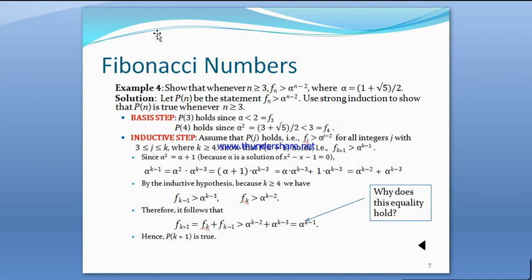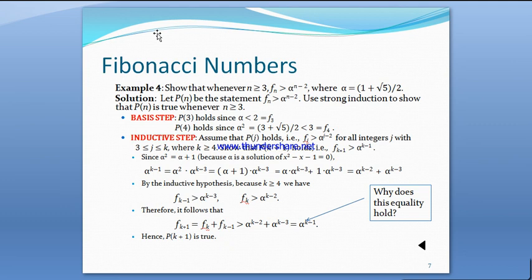From the given result, when n is equal to 3, we have alpha power 3 minus 2, which is alpha. But alpha is (1 plus root 5) by 2, which is less than 2, and 2 is the Fibonacci number f3. So the relation f3 greater than alpha is true, which implies P of 3 is true.